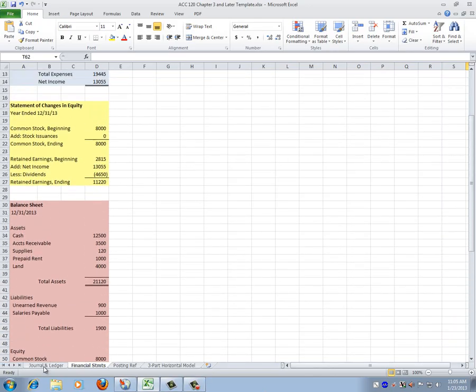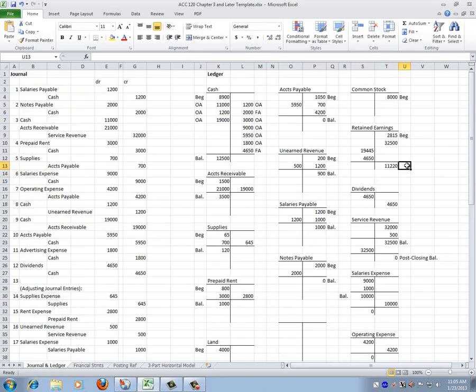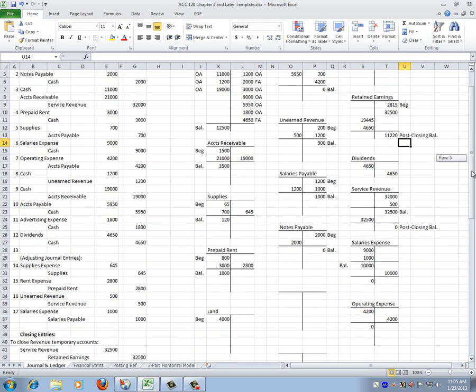So it's the closing process that finally brings it into agreement with that. But that's the one account that up until this point has been showing beginning all the way up until this point.